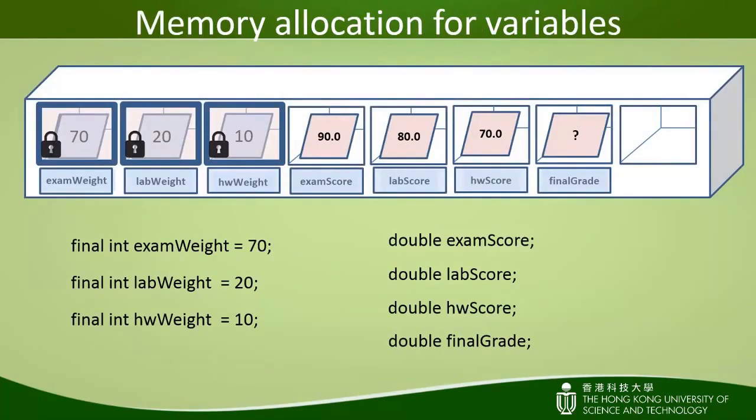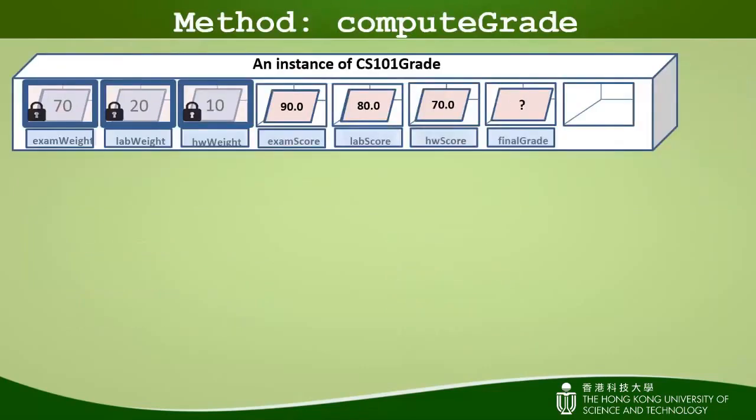When we introduce variables, we use a diagram of storage bins like this to illustrate memory allocations for variables. Let's use a similar diagram to illustrate what would happen to the variables when a method is called. When an object is created or instantiated, memory space would be allocated to the class variables and instance variables.